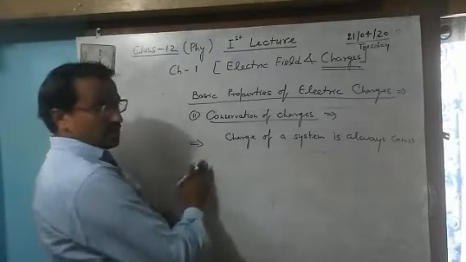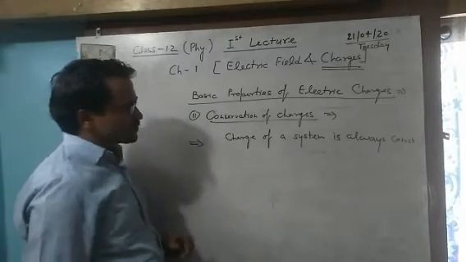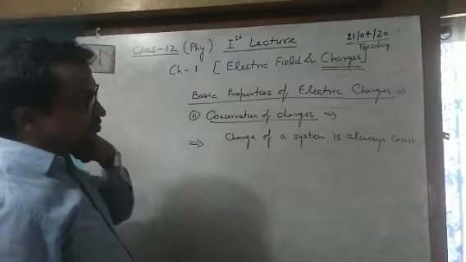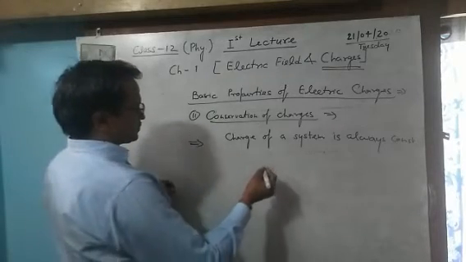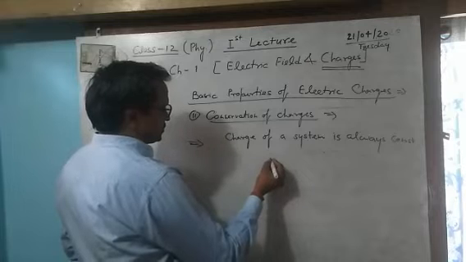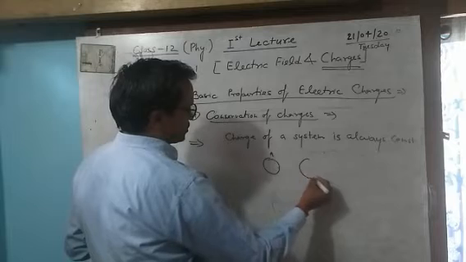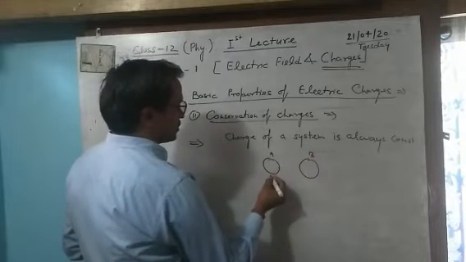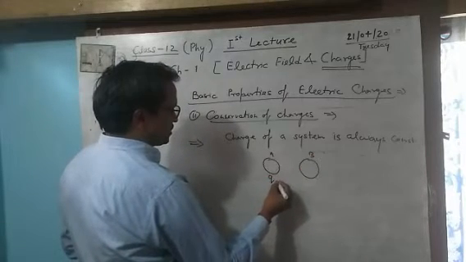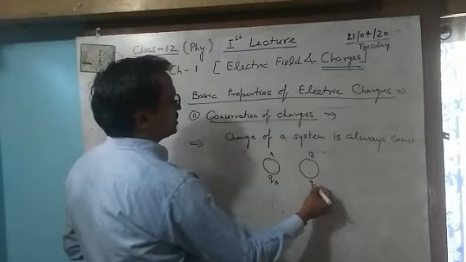सपोज इसको एक एग्जांपल से समझते हैं कि सपोज एक सिस्टम A और दूसरा सिस्टम B, A का चार्ज है QA और B का चार्ज है QB.